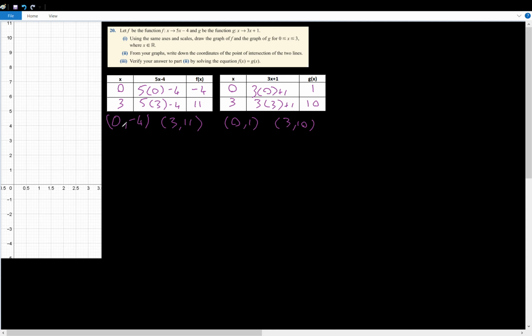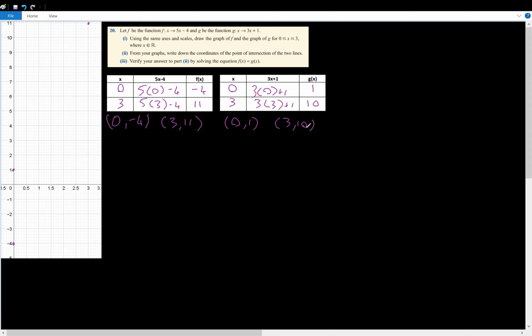First we're going to plot 0, minus 4. So that's 0 across, 4 down, so that is down here. And then we're going to plot 3, 11, which is 3 across and 11 up, which is just up here. Then we're going to plot 0, 1, which is 0 across and 1 up, which is just there.